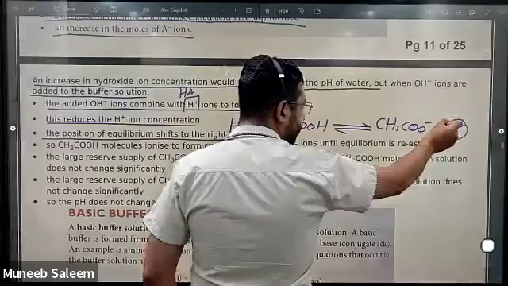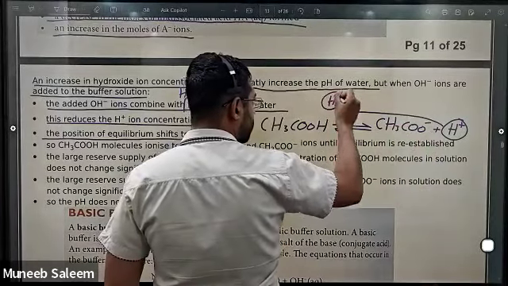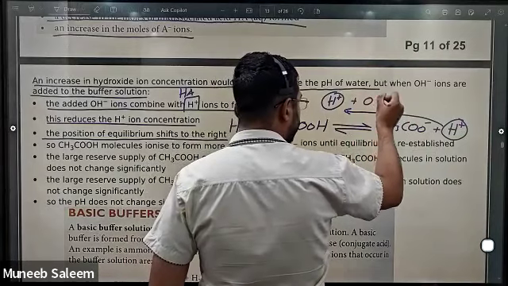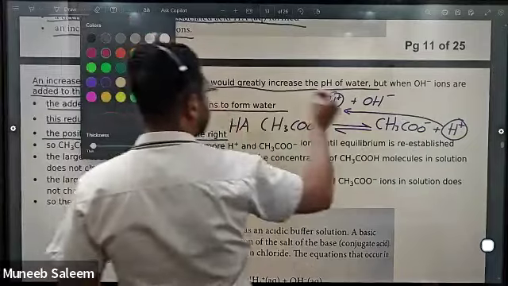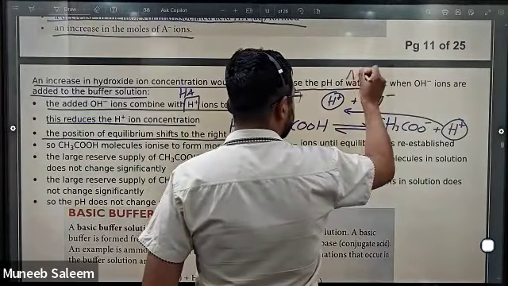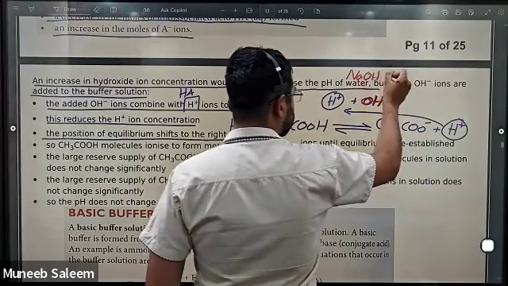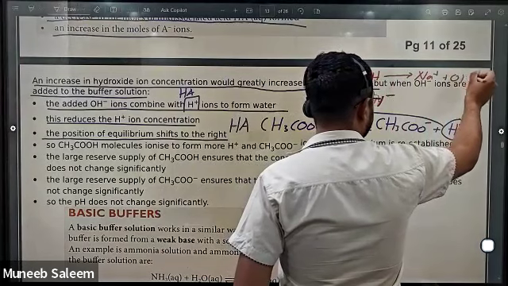And these are the hydrogen ions which will be reacting with the hydroxide ions, and these hydroxide ions were coming from the NaOH and were dissociated into Na plus and hydroxide ion.